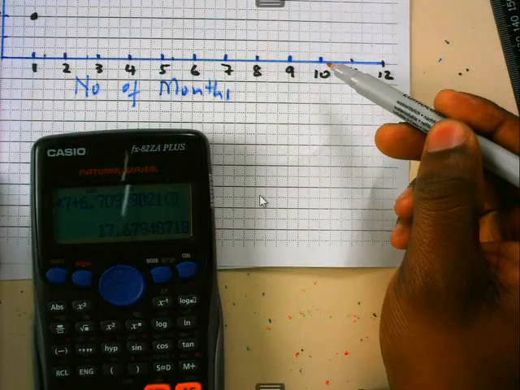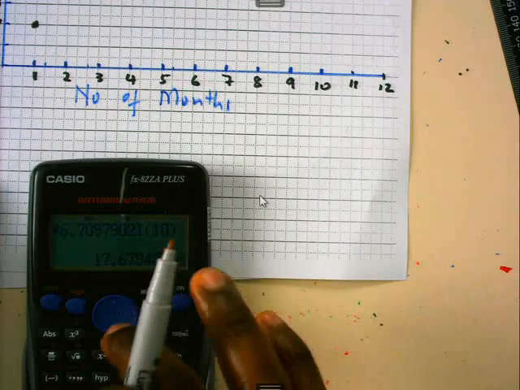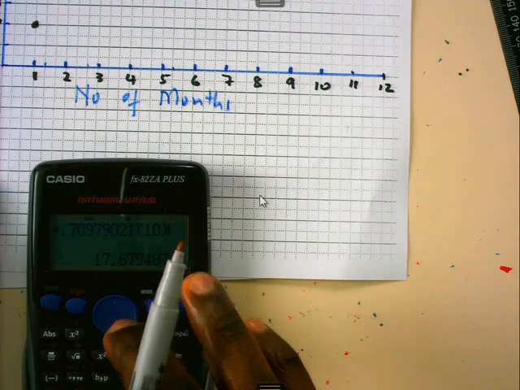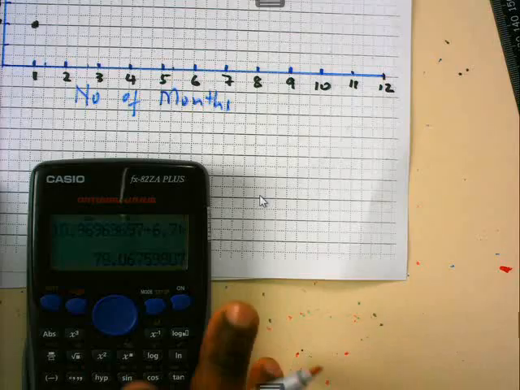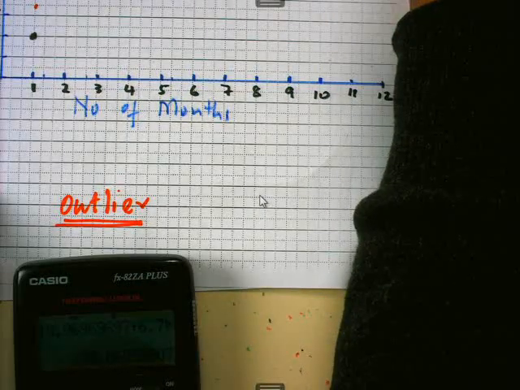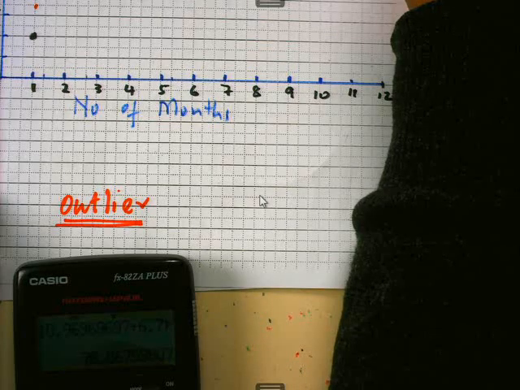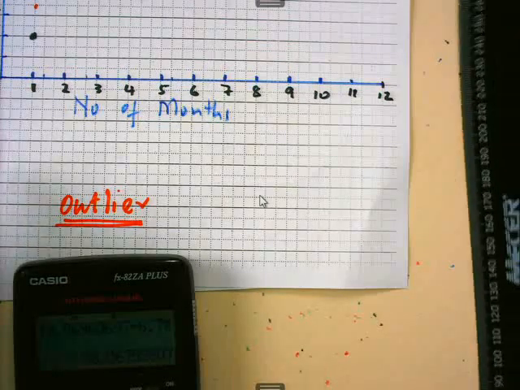If x is 10, we want to check how much y will be. The calculator says 78.07. Good.